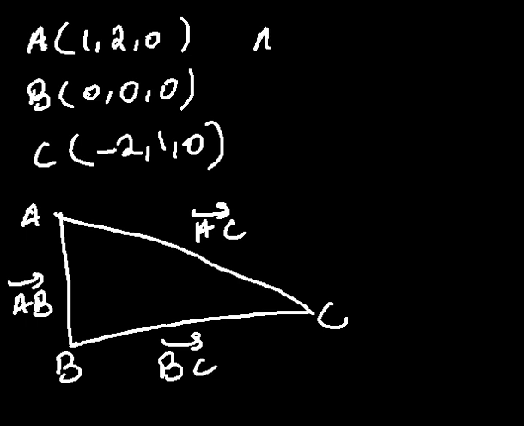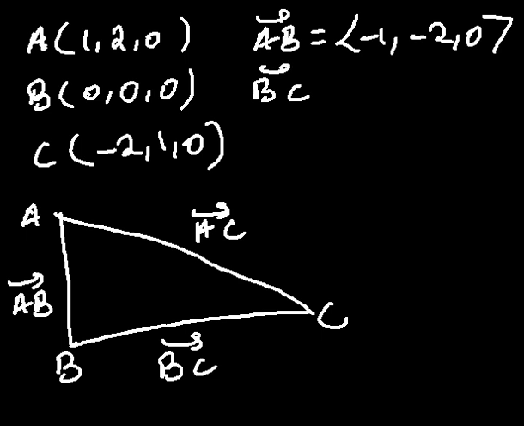So what is vector AB? Vector AB will be given as 0 minus 1, that is -1, -2, and 0. And what is vector BC?